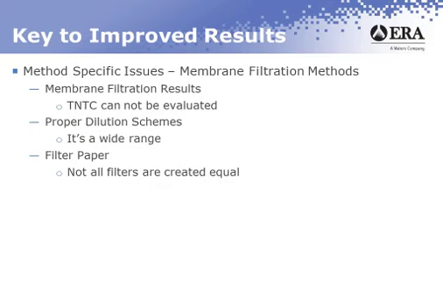You may have a colony that'll go to a grid line, if it's grid-lined paper, and change directions. That's a good indication that there's something wrong with your filter paper. You may get abnormal spreading of the colonies. You may get poor or absent colony sheen.